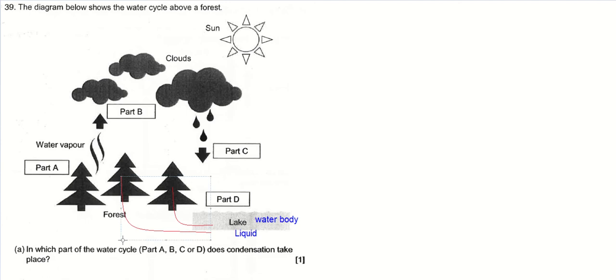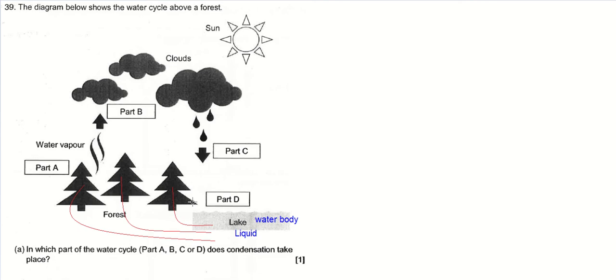So this is the tree absorbing the water. Again, it's in liquid form. Once it's in liquid form, the tree absorbs the liquid water into itself and transports it to the leaves.